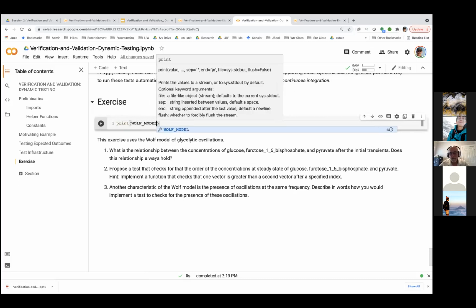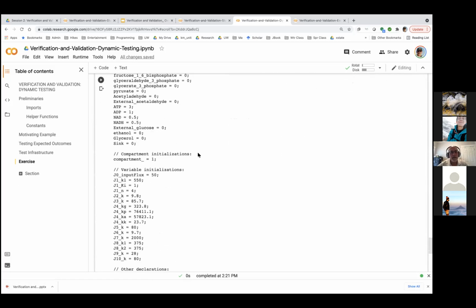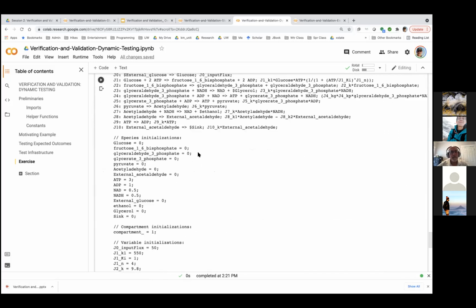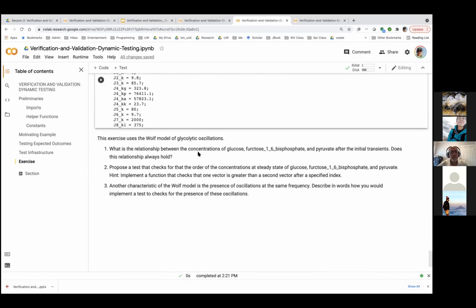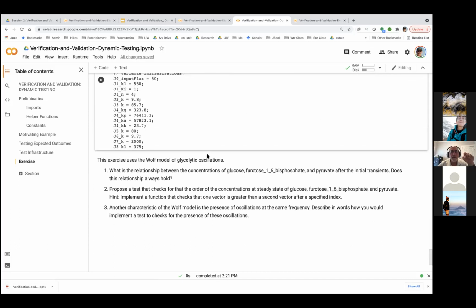This gets you the antimony model. So what we're going to look at here is to help you think through all phases of what's involved with testing. It's not just writing the code, it's also figuring out what reasonable expectations are, so that you can then develop tests that are meaningful.